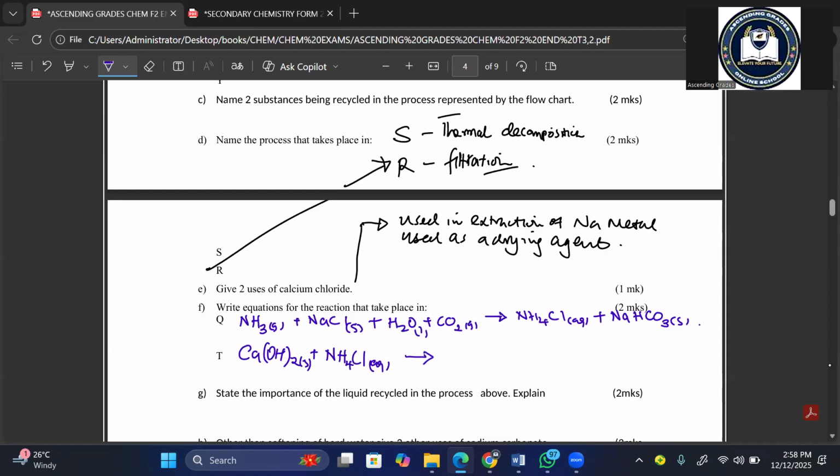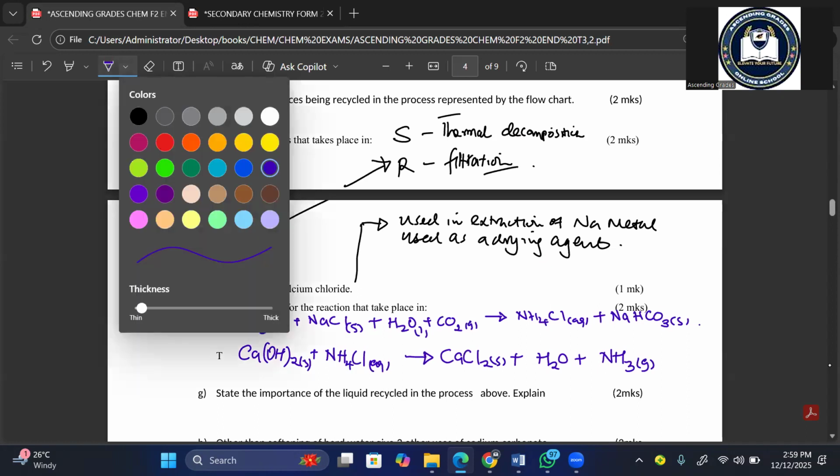Then you are supposed to produce calcium chloride, solid state, plus water, plus ammonia gas.